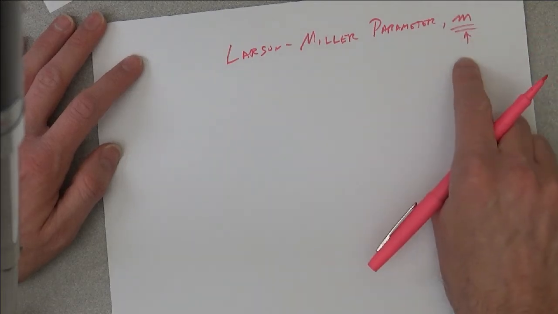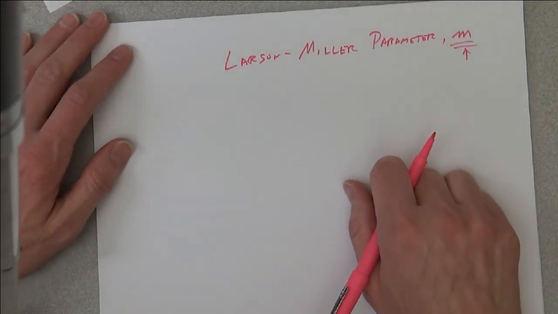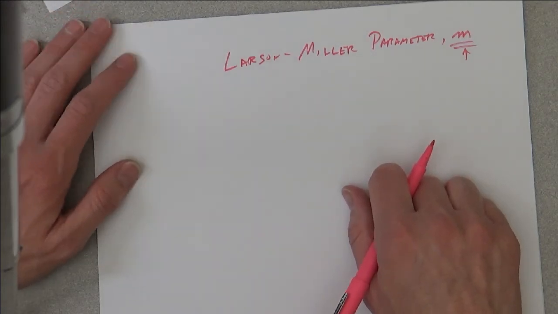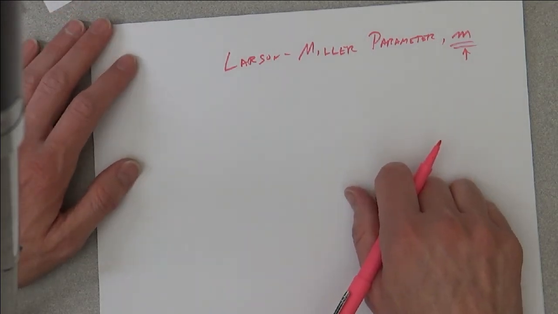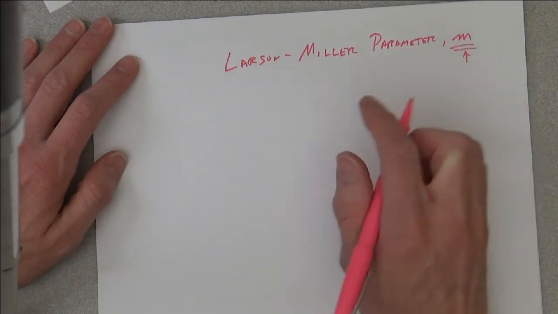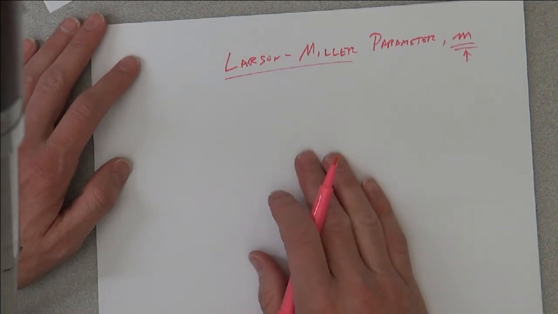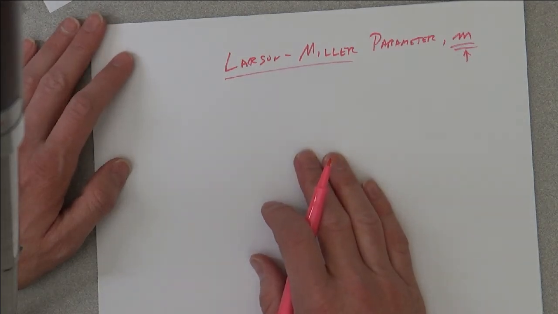I've seen it used as a P for parameter. I've seen an L as well. So be aware that there's not necessarily a universal agreement on what symbol to use, but typically it's considered the Larson-Miller method, or the Larson-Miller approach to predicting creep lifetime.